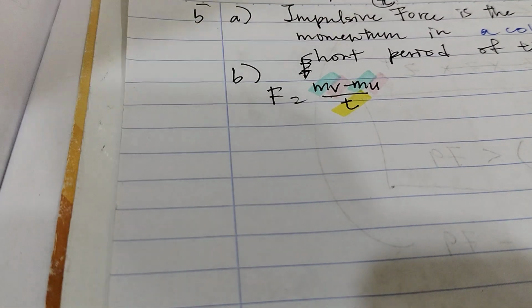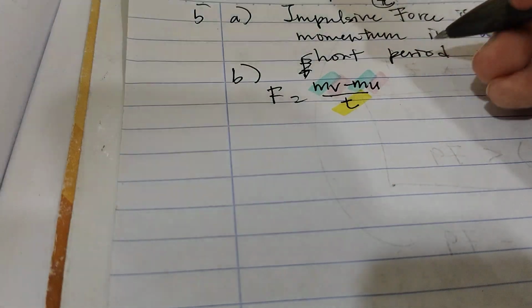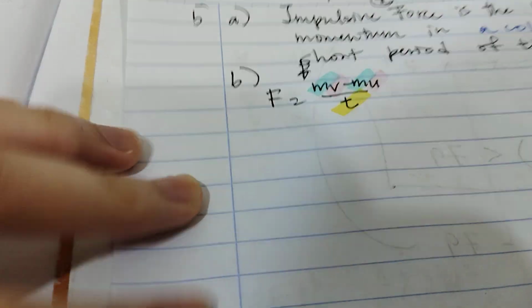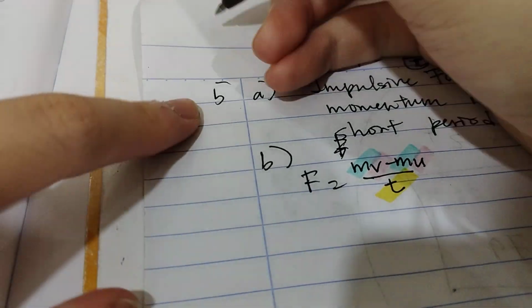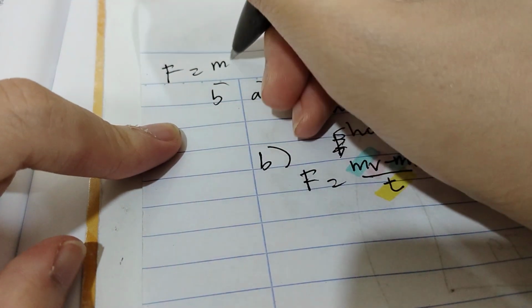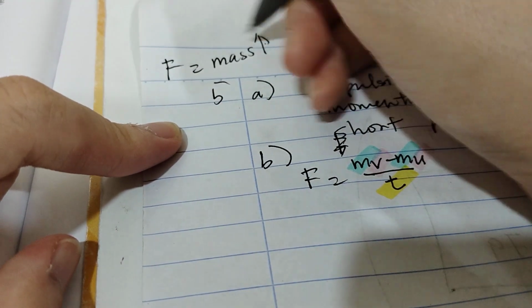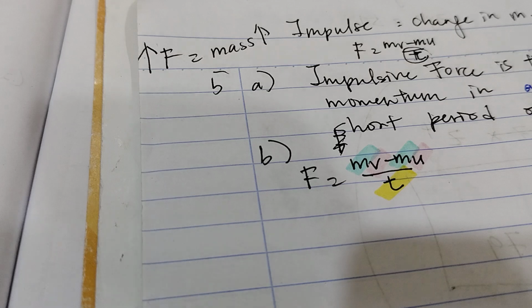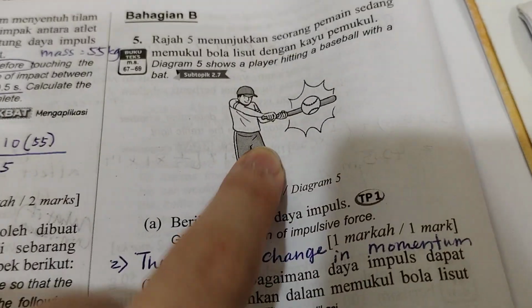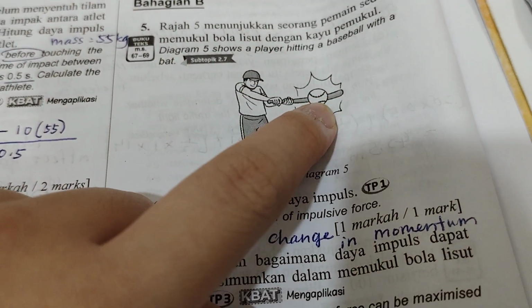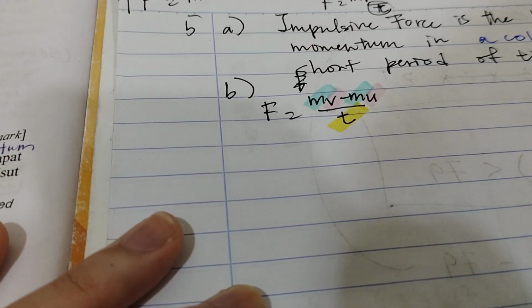So let's talk about the things on the top first, m and v. So first you can say, okay, mass, right? Because F is proportional to the mass, that means if you have a high mass, you will have a higher impulsive force. So what should we increase the mass of, the baseball bat or the baseball? Well, it should be the bat, right? Because we're using the bat to hit things.